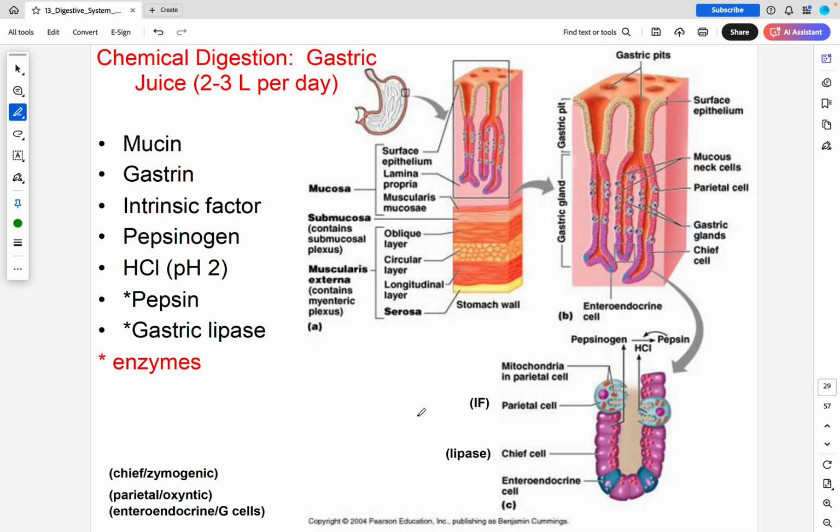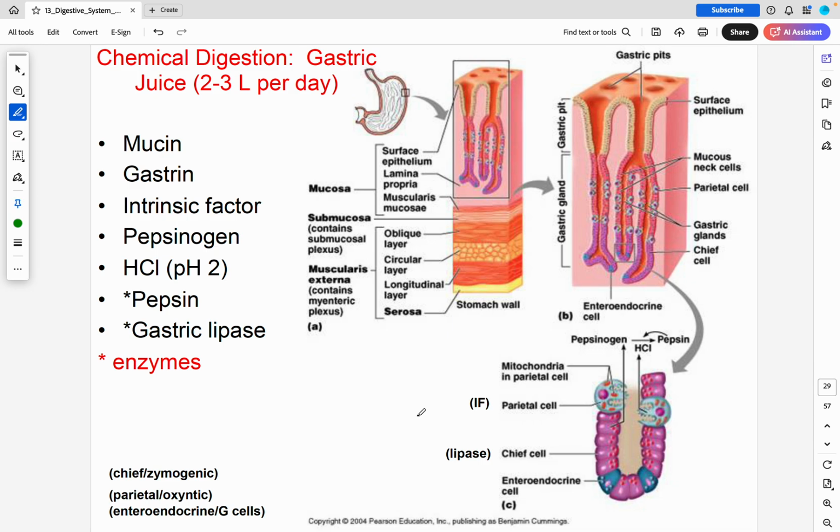Vitamin B12 can be absorbed with the presence of the intrinsic factor, or IF. And then of course, we have pepsinogen, which is primarily important for breaking down protein-based material during chemical digestion.